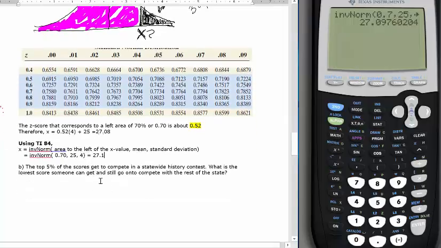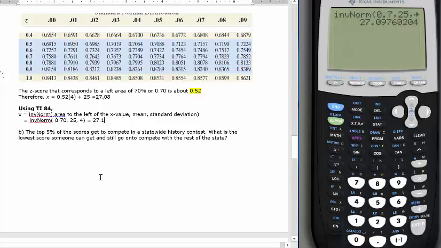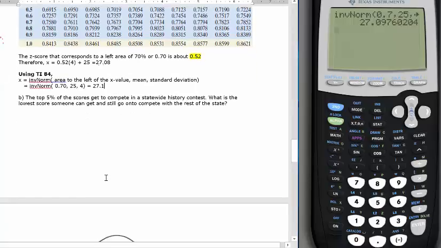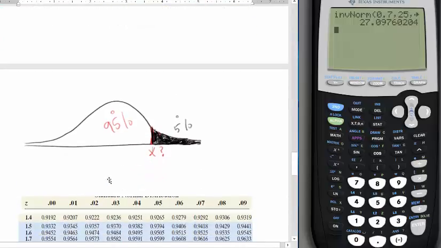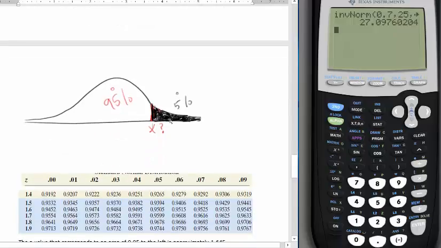The top 5% of the scores get to compete in a statewide history contest. What's the lowest score someone can get and still go on to compete with the rest of the state? Okay. So top 5%, this is the top 5%. As you can see, I pre-prepared this so the video does not last very long. So this is the 5%.